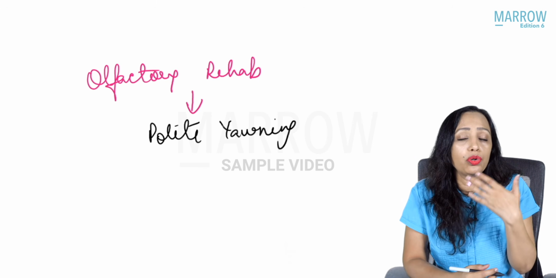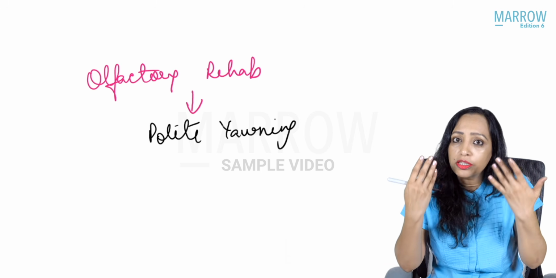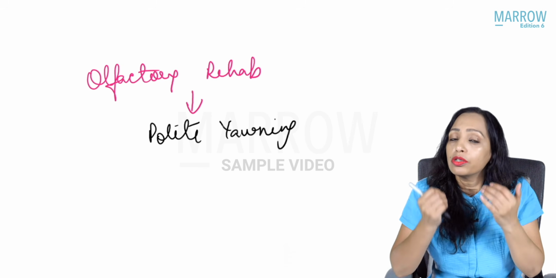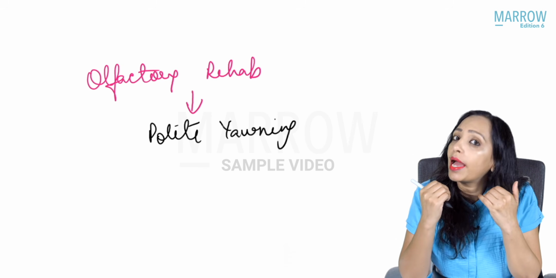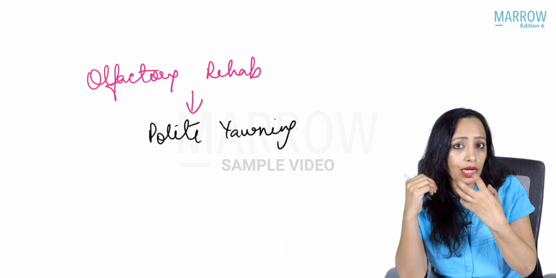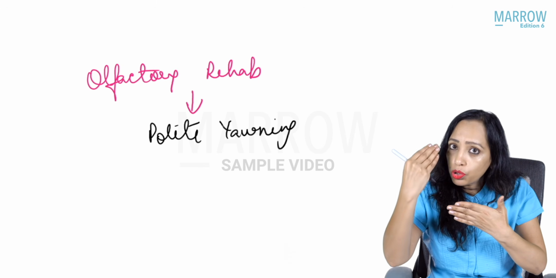You will see that when you do this, you ultimately do expiration, and that air goes through your nose out. So whenever you are doing polite yawning, that creates a negative pressure in the oral cavity that induces expiration, airflow through the nose.